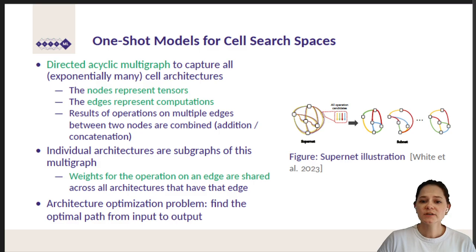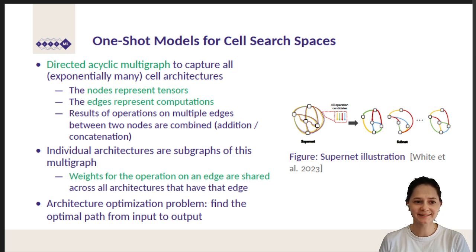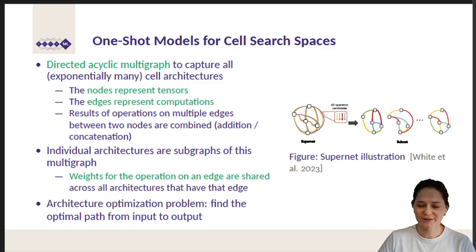Meaning that the weights for the operation, for example, here for that operation on that particular position, is shared for all the architectures and all the different subnetworks having that same operation on that same position in the overall super network. The overall architecture optimization problem is here that we want to find the optimal path from the input to the output. So very important here again, the weights for the operation on that particular edge are shared over all the architectures having that operation on that position in all of the subnetworks.